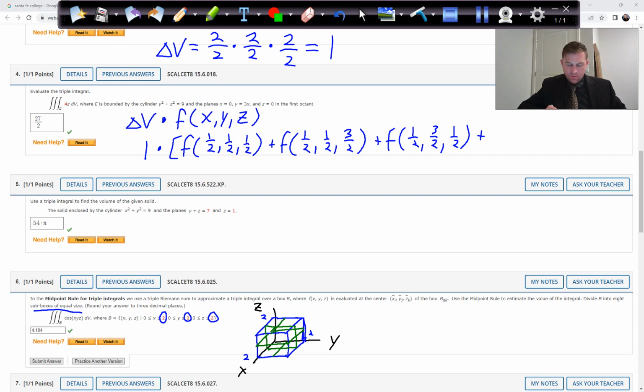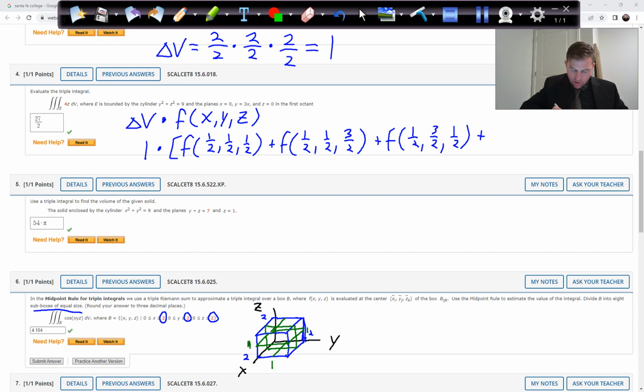We're going to have 4 of these blocks on the bottom and 4 of these blocks on top. And you basically have to find the x, y, and z coordinates of these blocks. And so this would be, let's see here, 1 unit, 1 unit, and then 1 unit.